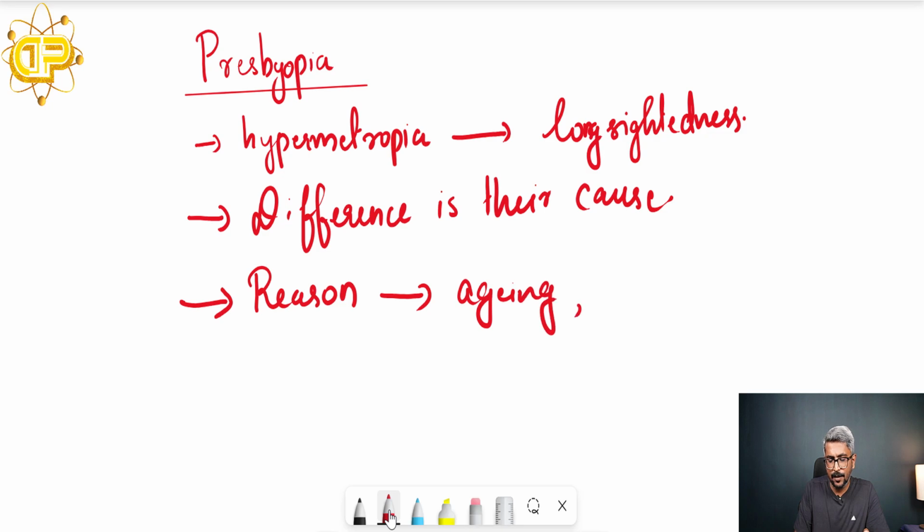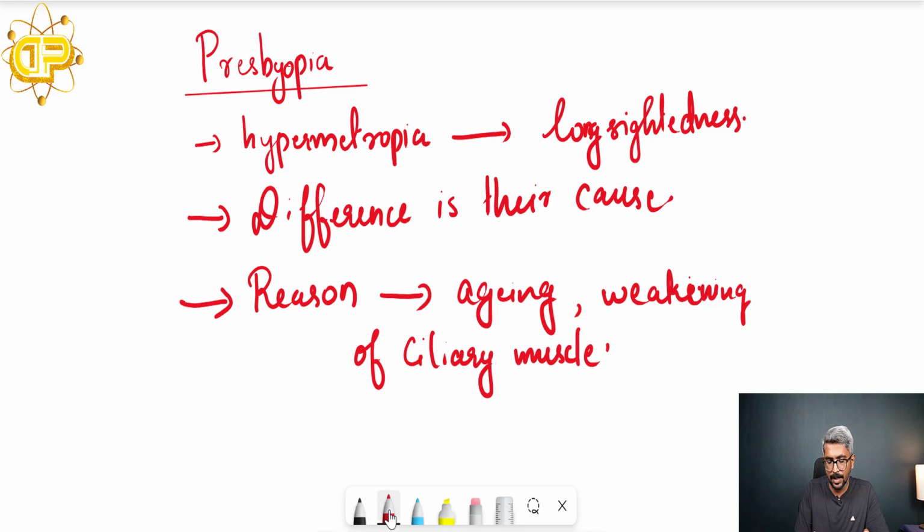As a result, the weakening of ciliary muscles is the major reason for presbyopia. So as the ciliary muscles get weakened, your eye lens will feel the strain to see the nearby object. We will just explain that thing, see that thing in a clear form.